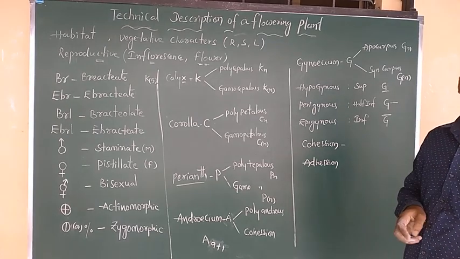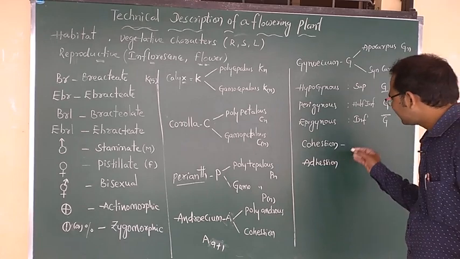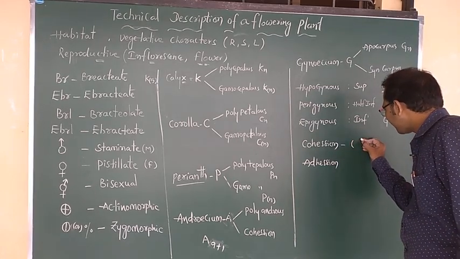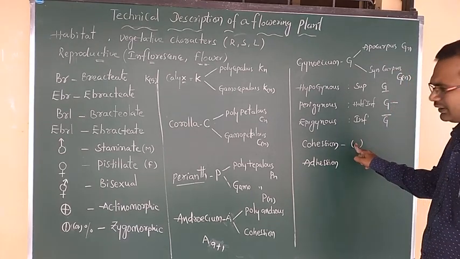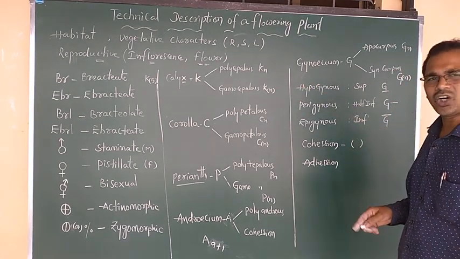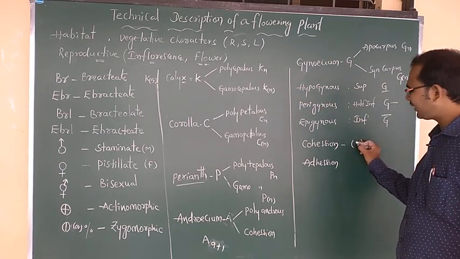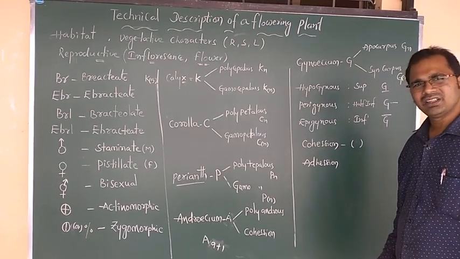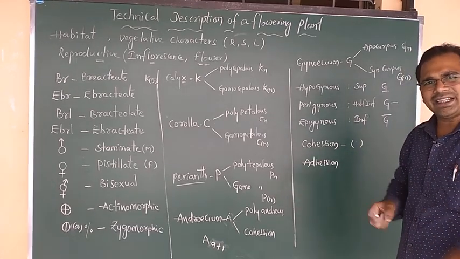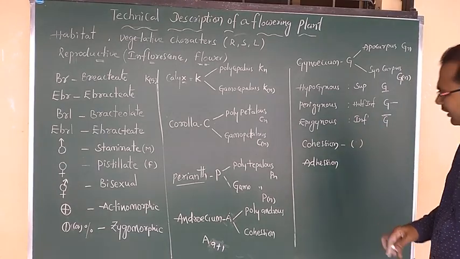That condition we call cohesion. What do you do? We keep the cohesion condition within the bracket. Example, take the calyx. How many sepals are present? Five sepals united, that is gamosepalous. Keep the 5 here. So the bracket symbol indicates the cohesion, or united, condition.